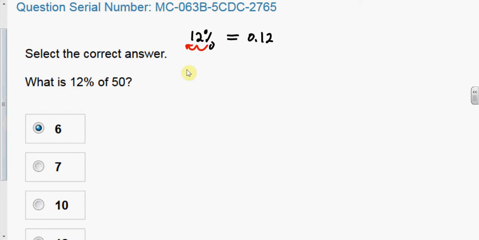So now the word of. When you see the word of, that means to multiply. So what is 12%?